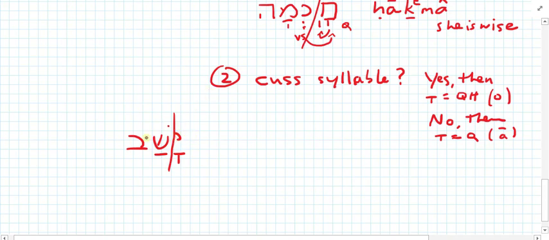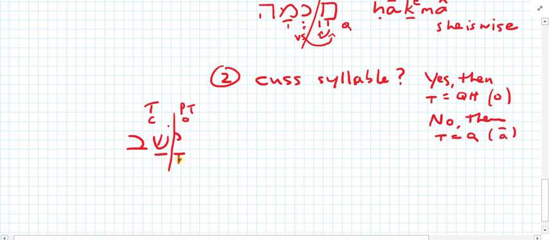But notice, first of all, we have closed and open syllables. The second syllable is consonant, vowel, consonant, so that's closed. The first syllable is open. My tone is on the final syllable, that's stressed, and so this is pretonic. So my qames or qames-hatup symbol is in an open pretonic syllable.